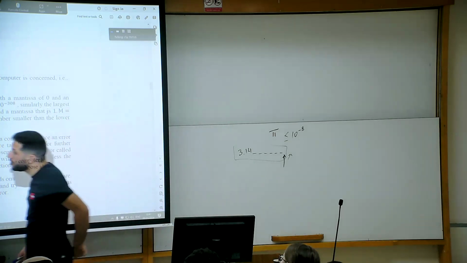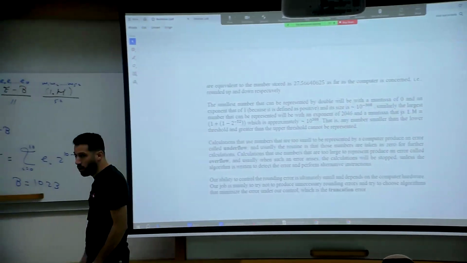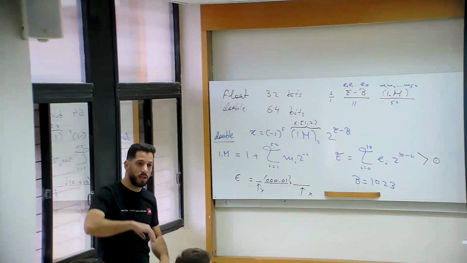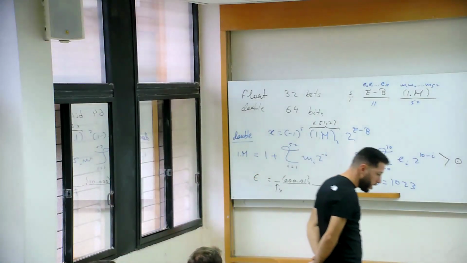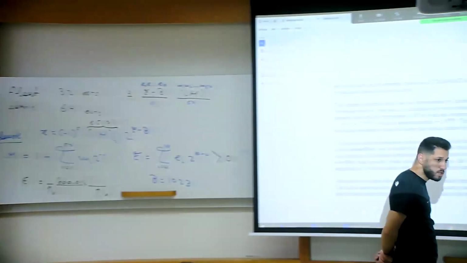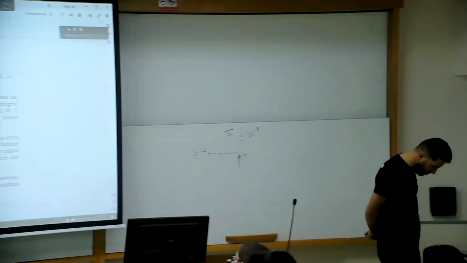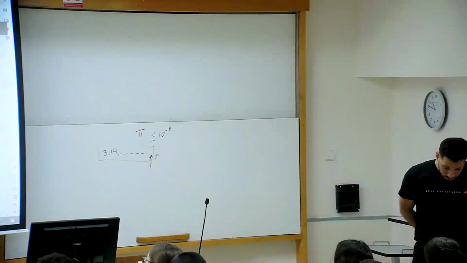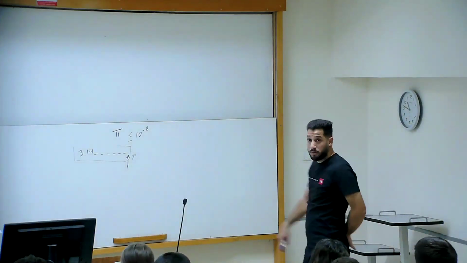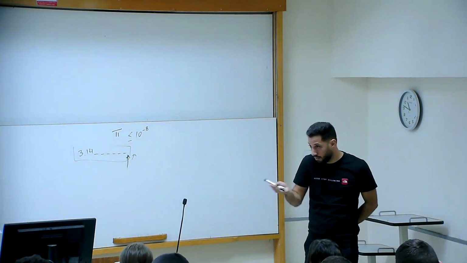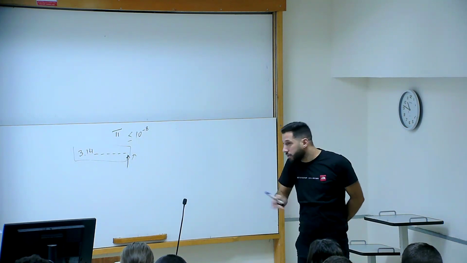So first, if we want to store a number that is smaller than the smallest number, it is not a problem. We can store it as 0. This is what's called underflow, but we have to pay attention to our real problem, our mathematical, physical or engineering problem.